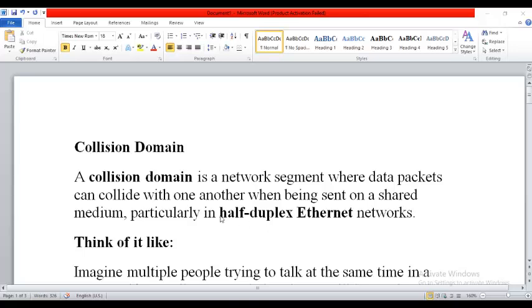Let's say you have a small road, half duplex. In that small road only, both going and coming should happen. Okay, assume like a bridge. There is a bridge. The road is really broad, but in the middle, there is a bridge.